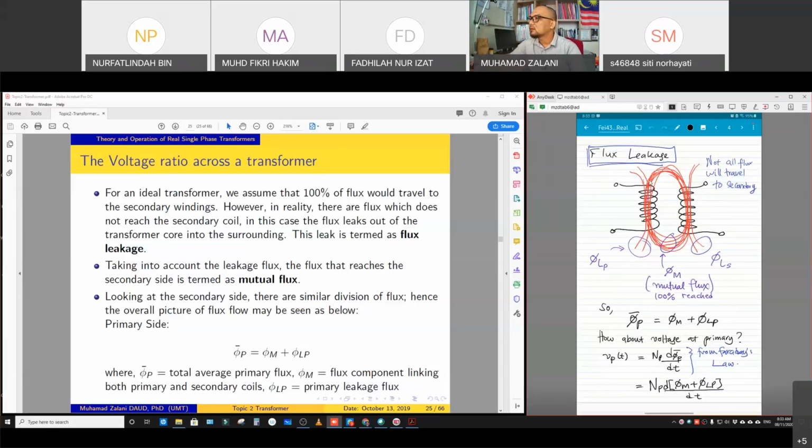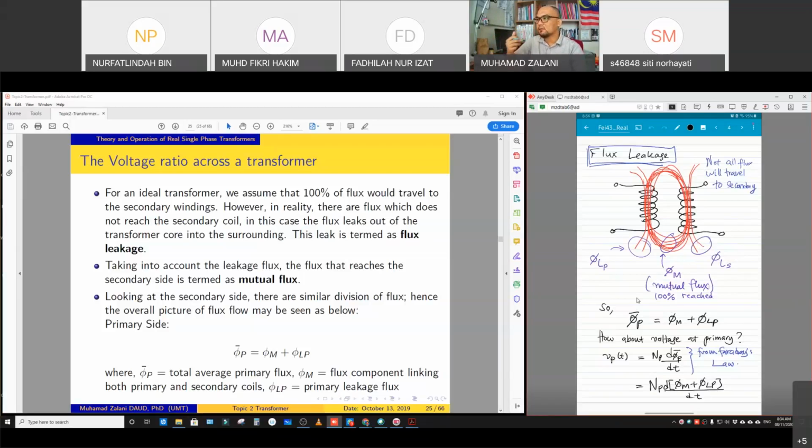And in addition to the mutual flux that we have here, we have also the leakage flux at the primary, denoted as phi LP, and also the leakage flux at the secondary, represented by phi LS, right? So you can imagine this figure.